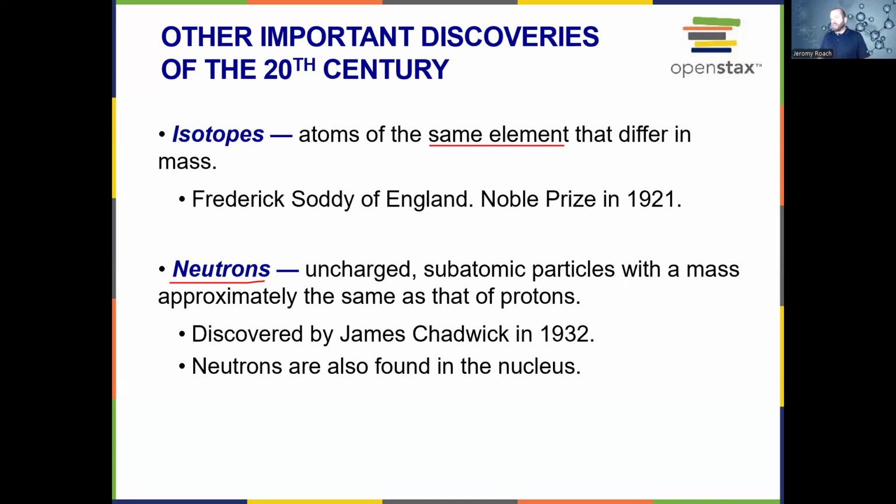They do have a mass, and that mass is equivalent to the mass of a proton. So neutrons are found in the nucleus as well. The nucleus is a collection of protons and neutrons, and then the electrons have the opposite charge of a proton, and they help to hold together the atom, and everything is in this balance between the different parts of the atom.